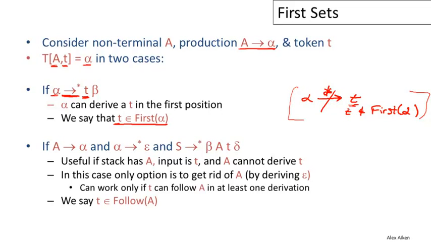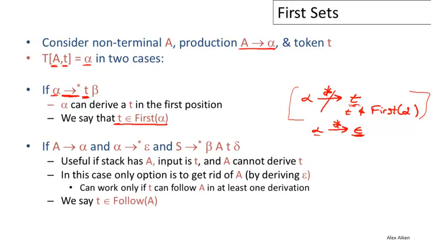We may still be able to parse the string even in that situation, provided that alpha can go to epsilon. If alpha can derive epsilon, if alpha can go away completely and we can basically erase it, then some other part of the grammar can come in and match the T.